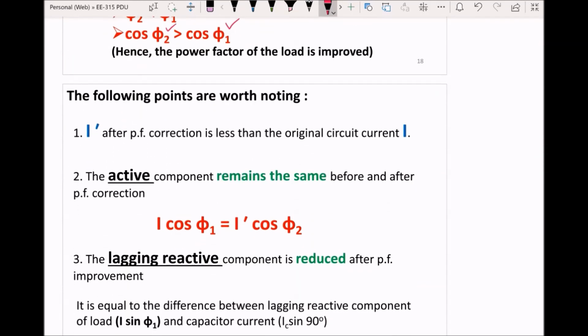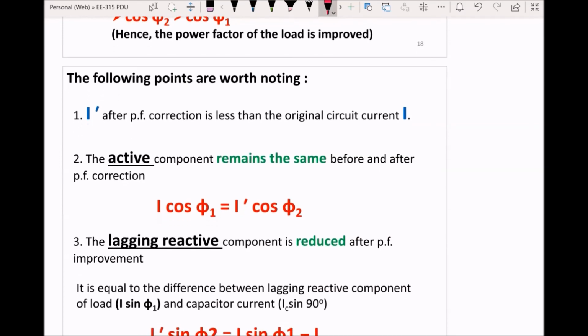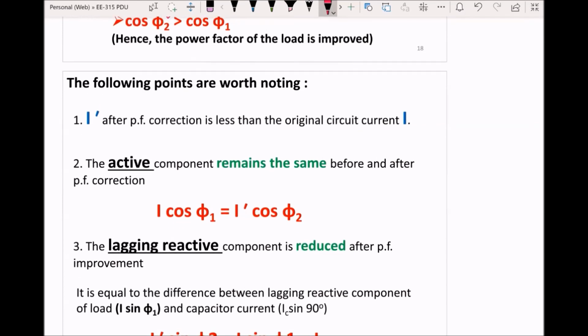Another important thing to notice is that the active component on the x-axis, which is I cos phi, remains the same even after the improvement in power factor, because the capacitor can only reduce the y component, which is I sin phi.